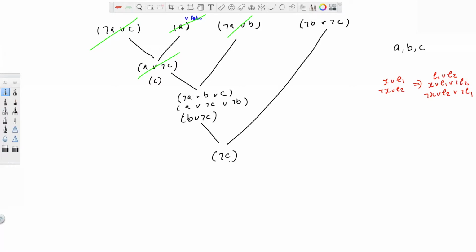Because you're going to have B or not C, and then you're going to have to add C, that trivializes. And similarly, if you take this guy and then you have to add C to it, then it also trivializes. So I'm only getting this guy.